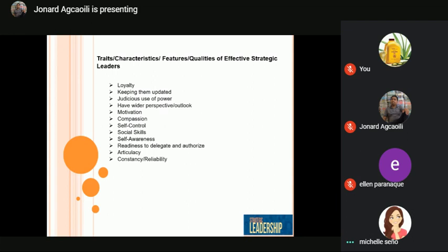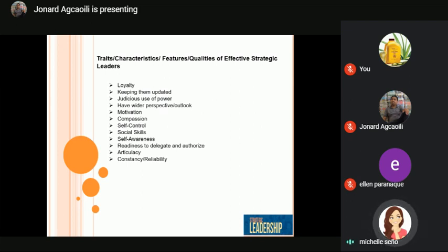So, dapat po yung isang leaders, syempre po, hindi lang niya ginagamit yung kanyang pagiging isang leader, but dapat po sila yung maging huwarang po sa isang organization para po ma-encourage po nila yung mga employee.